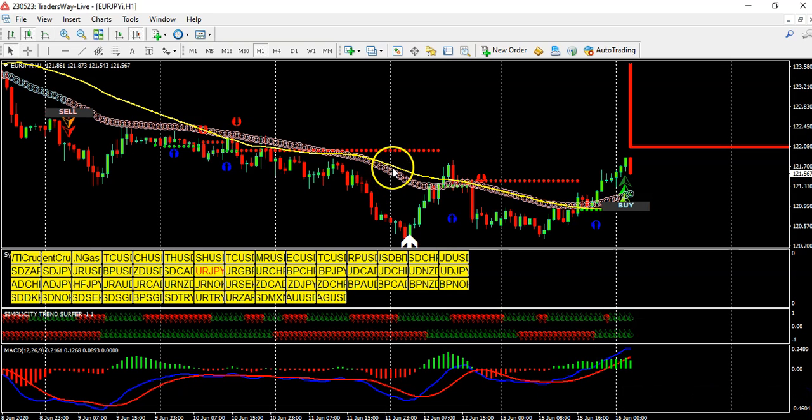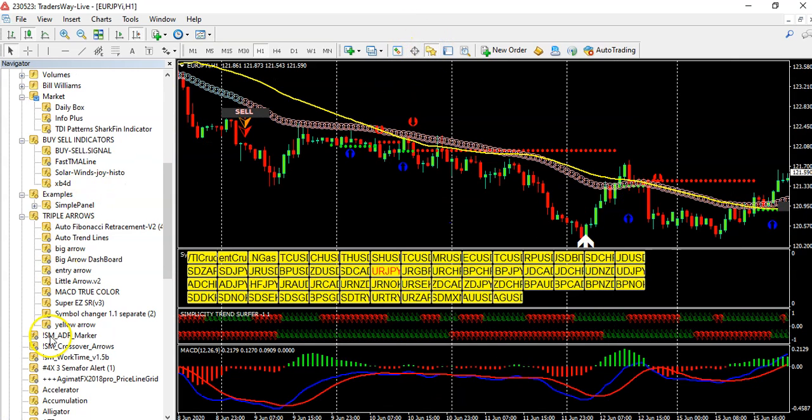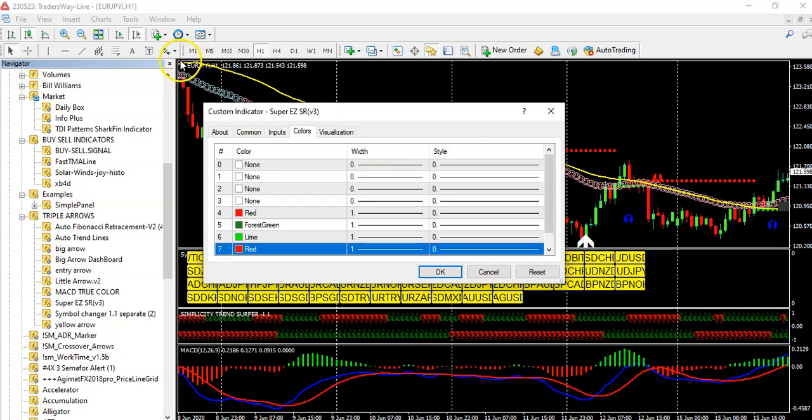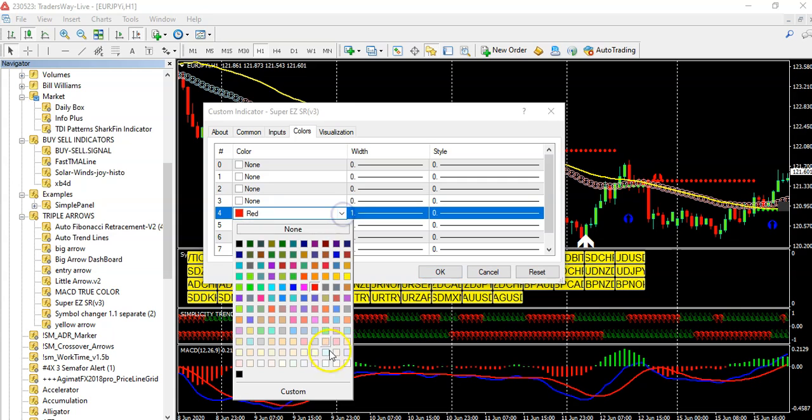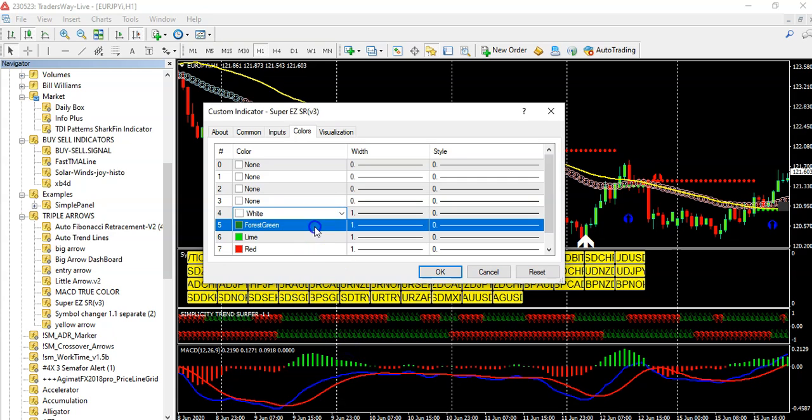Okay, so that's fine. Now what I want to show you is the difference. I'm going to put our support and resistance on here. I'm going to make it white because honestly it doesn't make a difference what the color is.